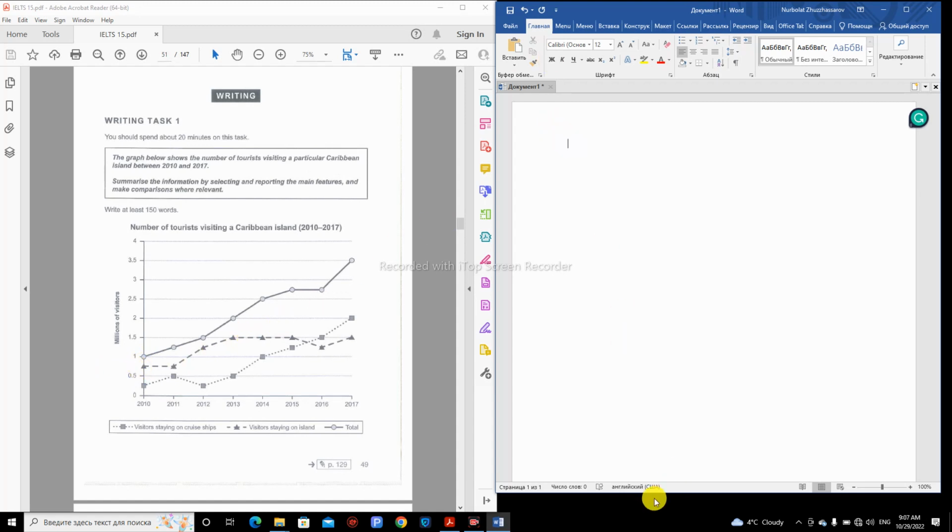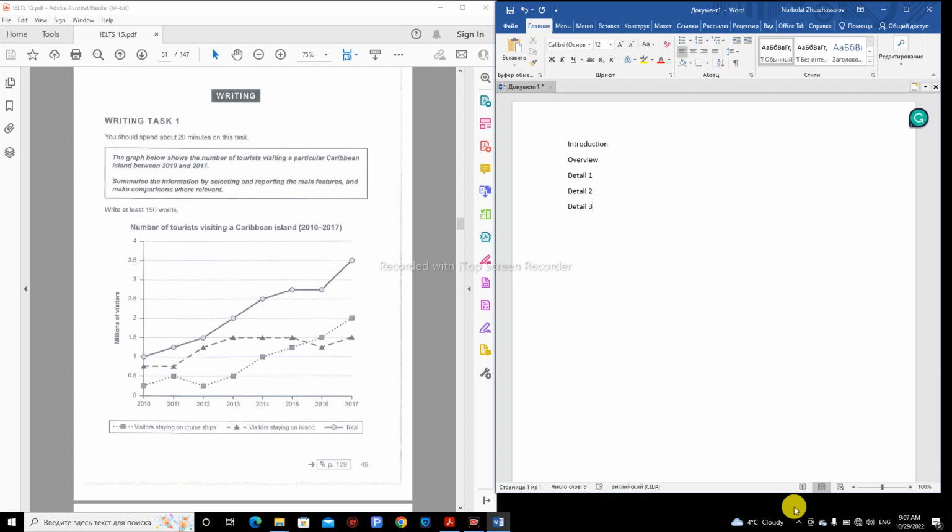One of the easy steps to do, we can write down the structure. You will have an introduction, and the most important paragraph for writing task one is the overview. You have detail paragraph number 1 and detail paragraph number 2. From this case, what can we do? I think we should add detail paragraph number 3.